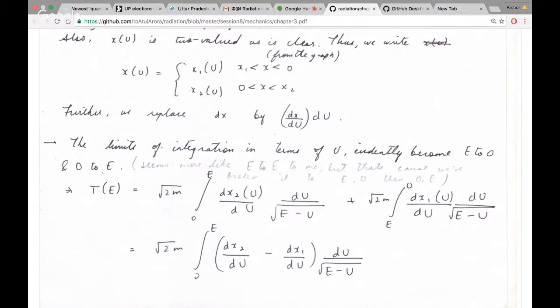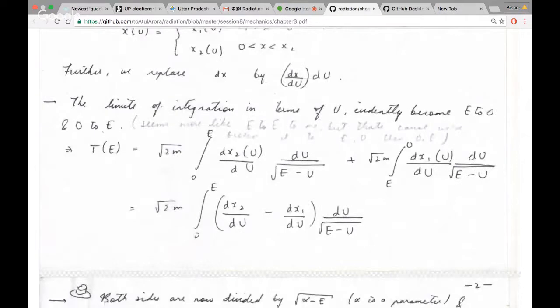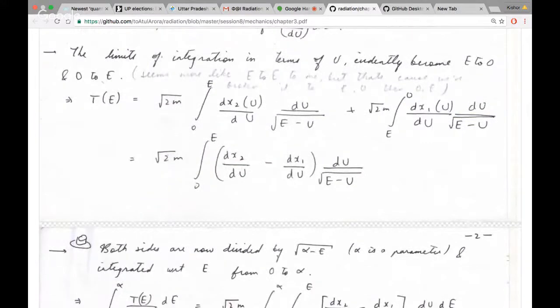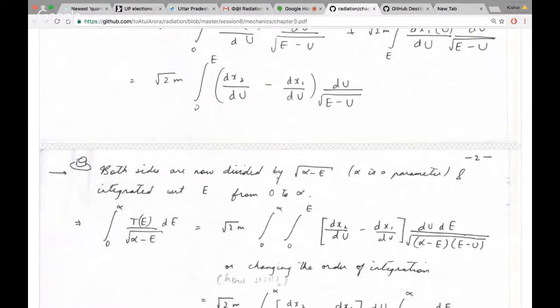So you get dx2/dU times dU over under root E minus U, and here dx1/dU times dU over under root E minus U. Overall it becomes dx2/dU minus dx1/dU times dU divided by under root E minus U. Now both sides are divided by under root alpha minus E. Alpha is a parameter, and we integrate with respect to E from 0 to alpha.